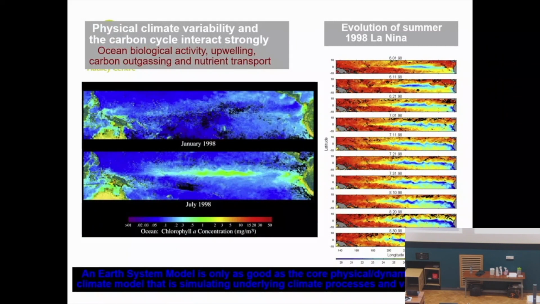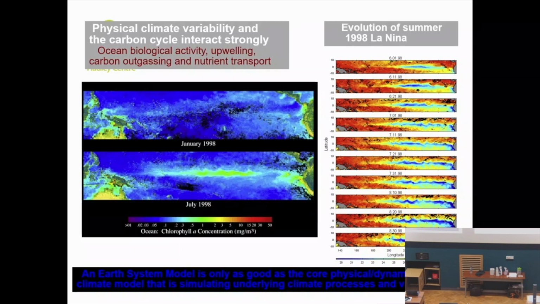The other key aspect of an Earth system model, where you have something like composition embedded within it, is that you end up being very susceptible to biases that are driving the component that is of interest to you. This is an example of biological activity in the ocean, and we're showing surface concentrations of chlorophyll, both in the winter and in the summertime.